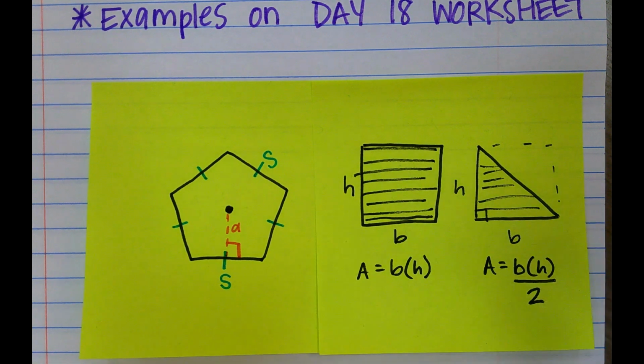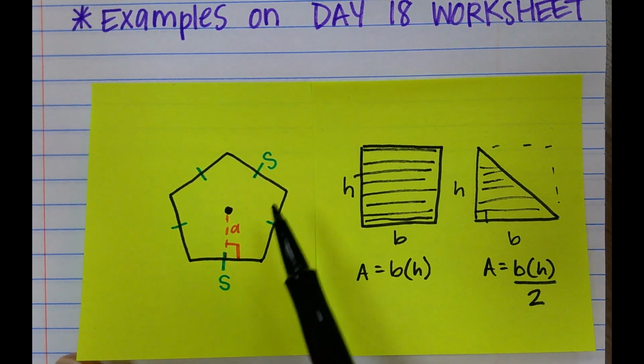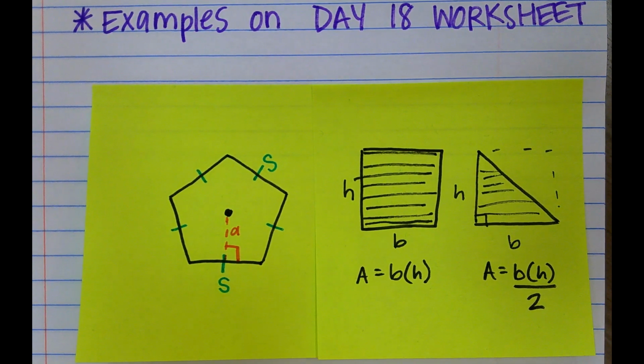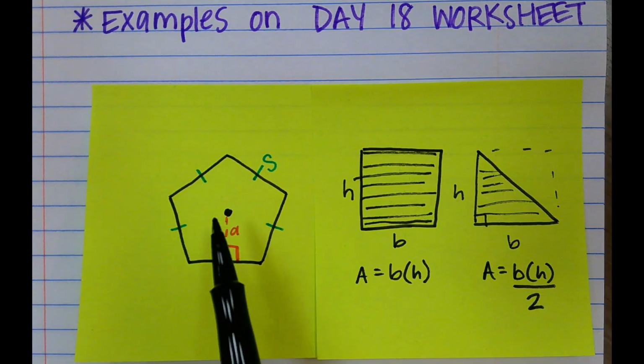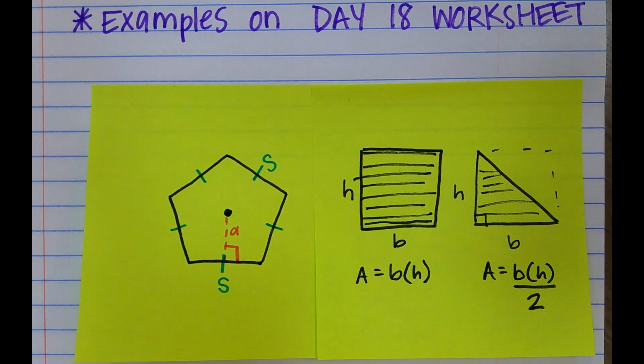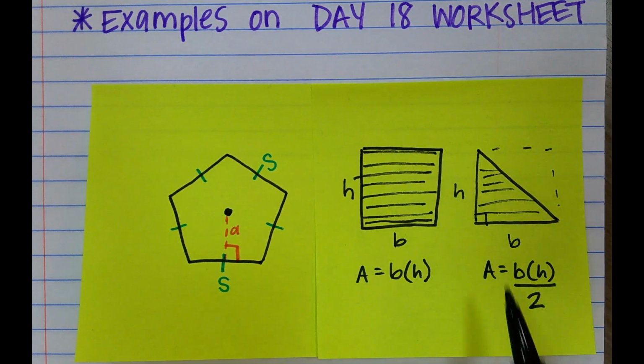That gives us our area. But when we're looking at a pentagon or any other polygon with more sides, there's no clear way to just stack these values up and multiply to make a nice triangle or a square.